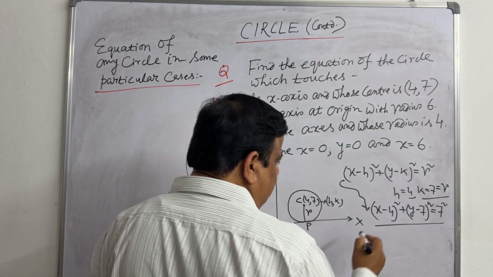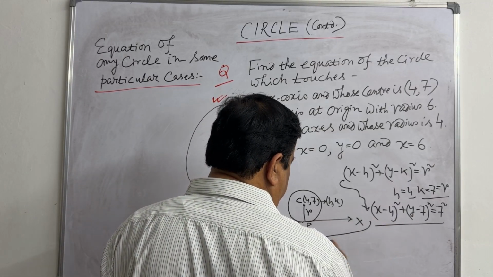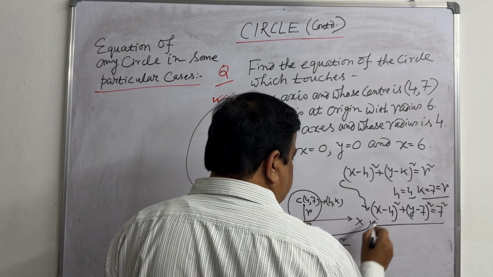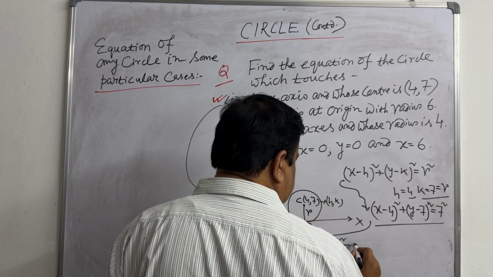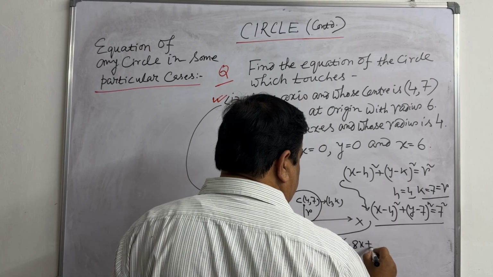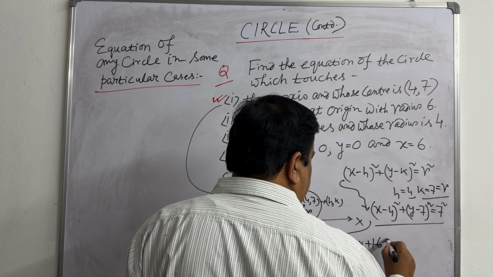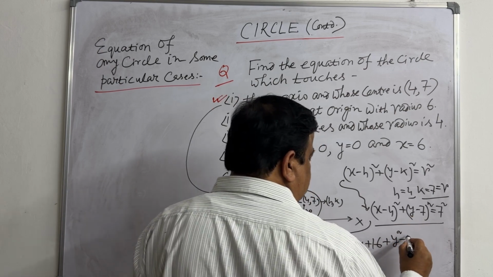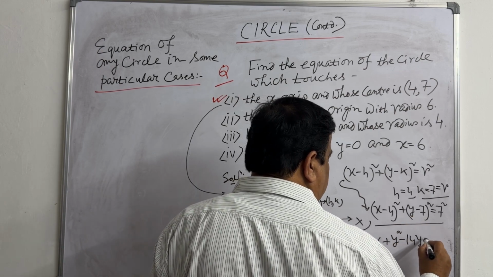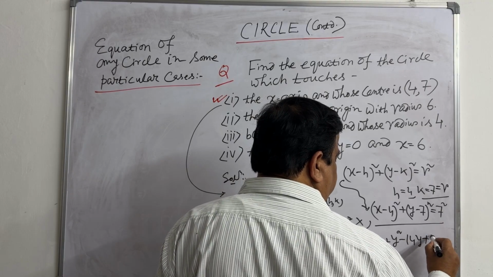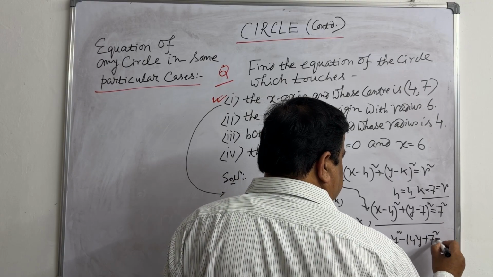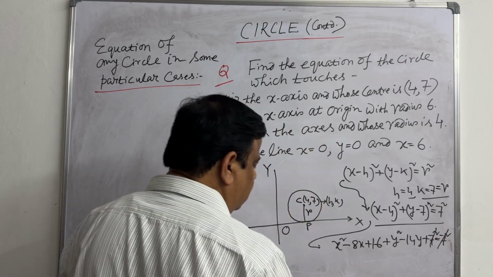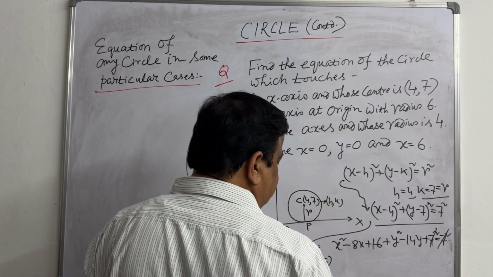If you further simplify, then what is (x minus 4) whole square? That is x square minus 2 into 4 into x, that is 8x, plus 16, plus y square minus 2 into 7 into y, that is 14y, plus 7 square, that is equal to 7 square. So 7 square and 7 square cancel each other. So what is the final equation?